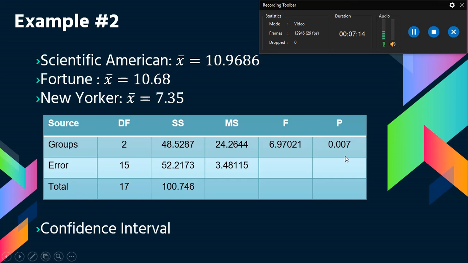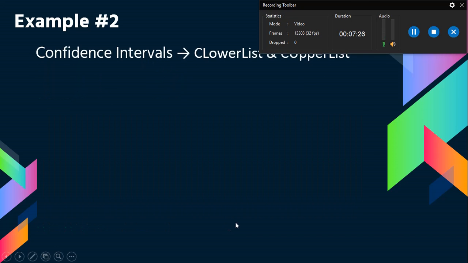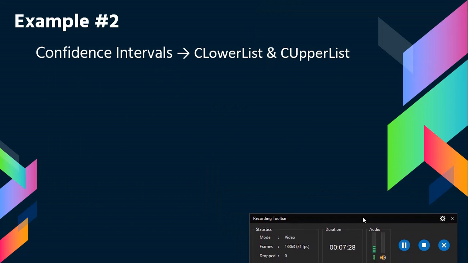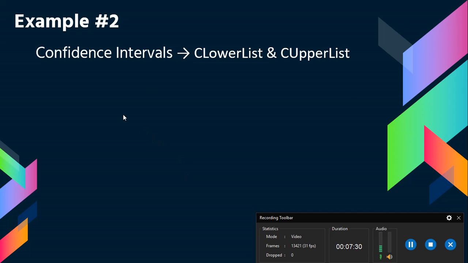So at this point, we would conclude that there is significant evidence that the reading levels are different between these 3 magazines. We also want to examine the confidence interval. Cool thing, on your iPad, when you run the ANOVA test, they actually give you the confidence intervals. So you're looking for the cells that say C lower list and C upper list.